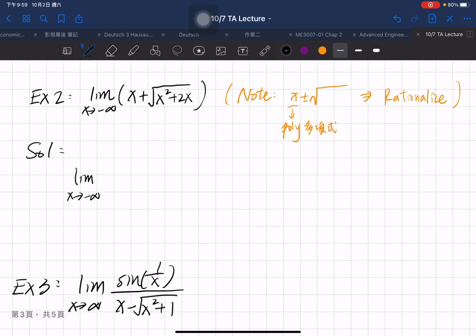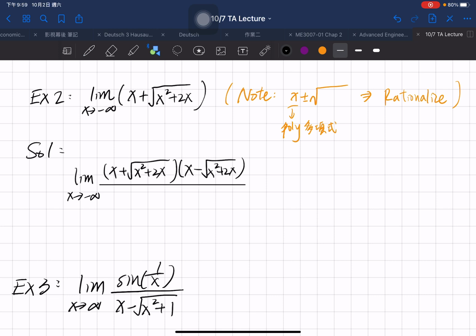So we multiply by x minus the square root of x squared plus 2x on the numerator and denominator.